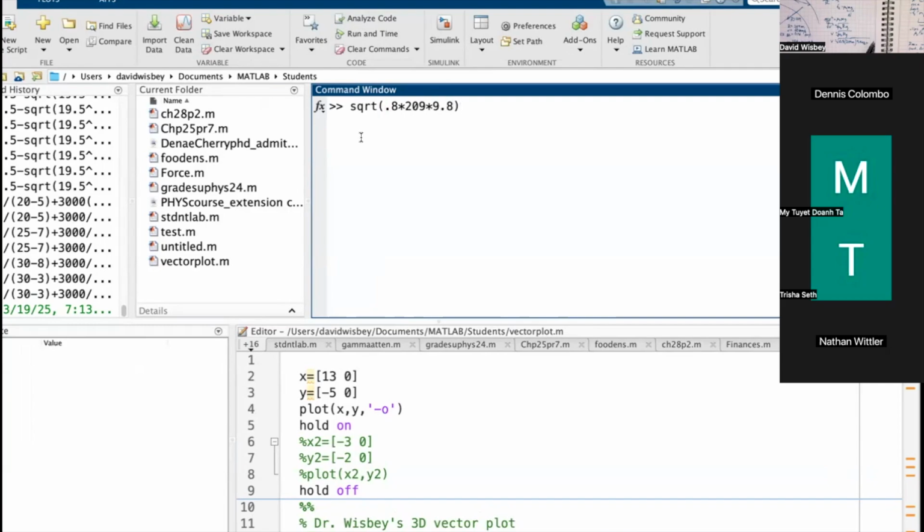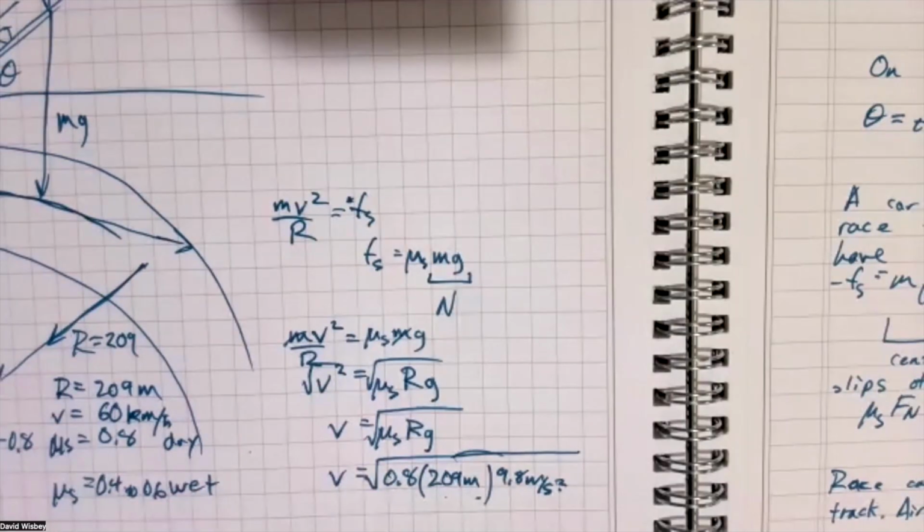Okay. So I'm going to hit this. Okay. So that gives me, looks like 40 meters per second. Okay. So let me go back here and I will record that.